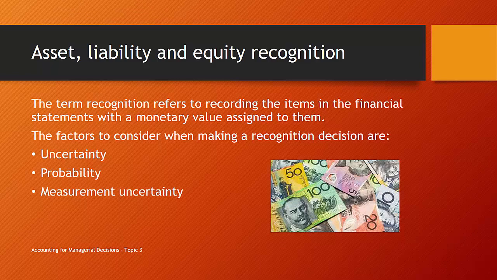The value that's attached to a particular item, it may be hard to actually come up with a number that's going to hold. It could be issues around losses or impairment losses around bank loan books that may be hard to understand, or for them to determine what value of loans are going to be impaired and may not get paid back. So there are things which feature in terms of how you recognize something, especially when we can only put on a single dollar figure, not a range of figures.